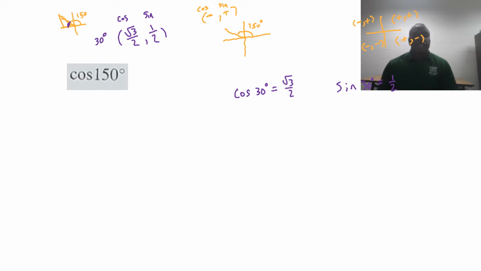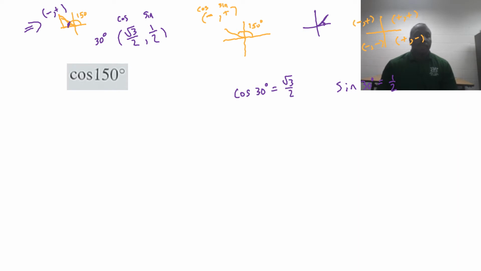Keep in mind though, this is 30 degrees, and 30 degrees is in that first quadrant. If we had the same reference angle, like we do here, in quadrant 2, remember that in quadrant 2, our points are negative and then positive.